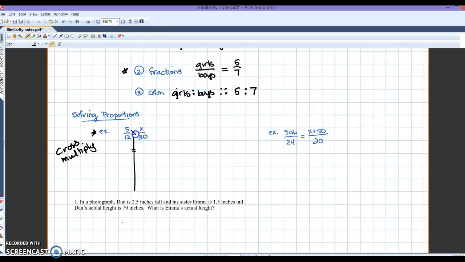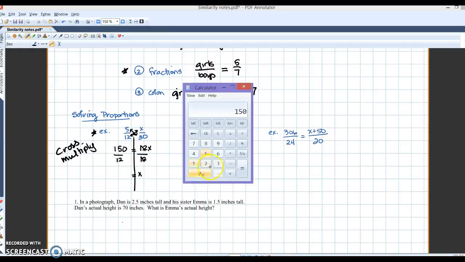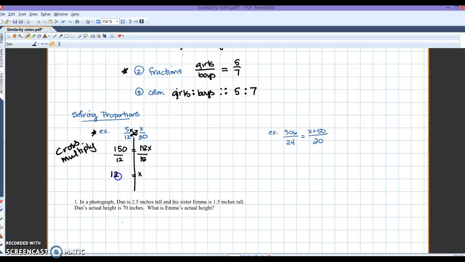So when you cross multiply, 5 times 30 is 150, and then 12 times x is 12x, and now you have just a simple one-step equation. Divide both sides by 12, and grab my calculator. 150 divided by 12 is 12.5. So keep your equal sign on that line. It'll help you keep things nice and organized.